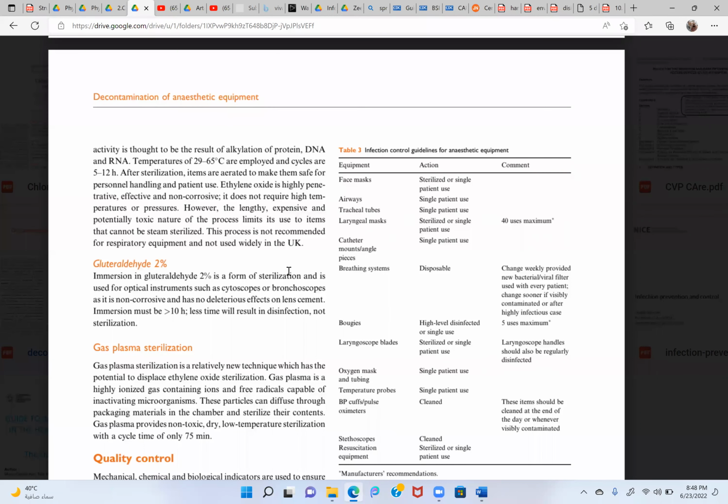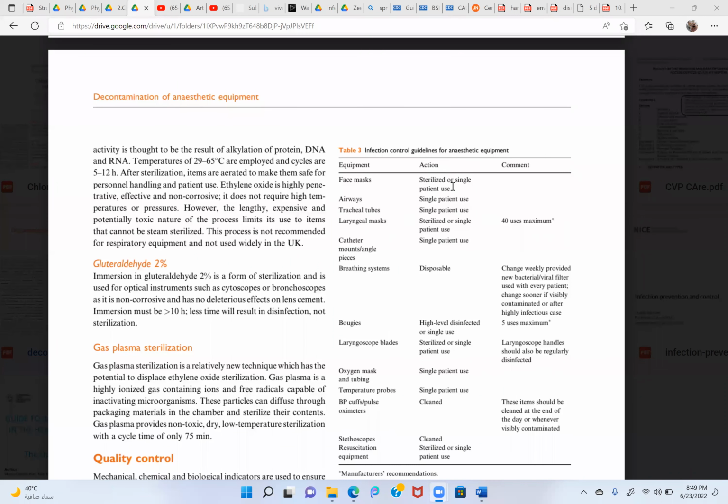The face mask, sir, the one we use for ventilation. But can it cross the mucous membranes if there is damage? Sir, if the patient is bleeding from the oropharynx, there are chances. Yes, that's what I was thinking.